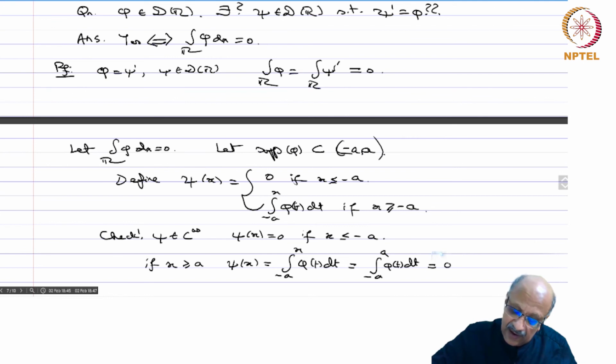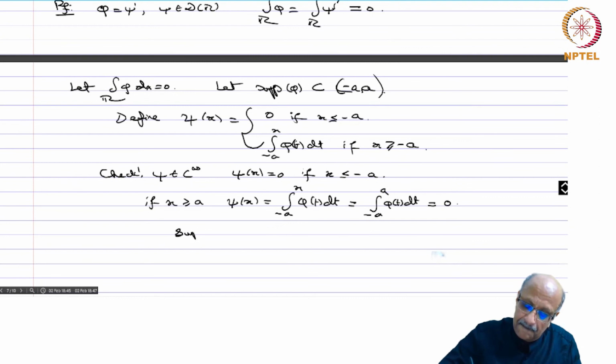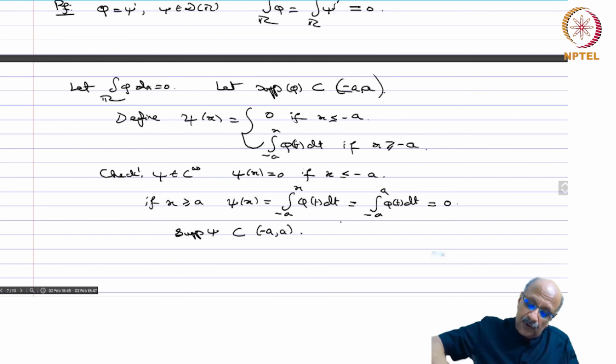And this is in fact equal to 0 again, because we are given that the integral of phi is 0. Consequently, the support of psi is also contained in minus a, a, and therefore this is true.